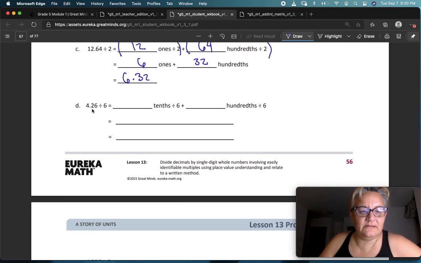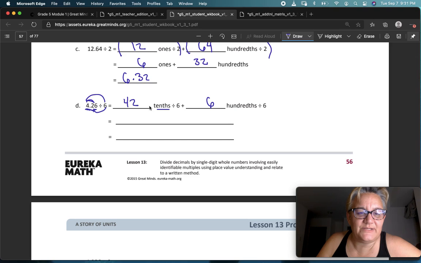Next one. Oh my goodness, what did they do here? They want you to put all of this into tenths. So here we've got 4 and 2 tenths, that's 42 tenths, and then we've got 6 hundredths left over. That's nice, because you see how that 6 is going to go right into that 42, and right into that 6. It's going to be beautiful.